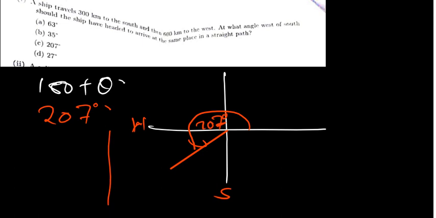But the question is, at what angle west of south should the ship have headed to arrive at the same place in a straight path? What angle are we looking for? We are looking for the angle which is near south than west, meaning the angle which is supposed to be here. So for me to find this angle, what am I going to do? Subtract 207 from 270. What are we going to get?